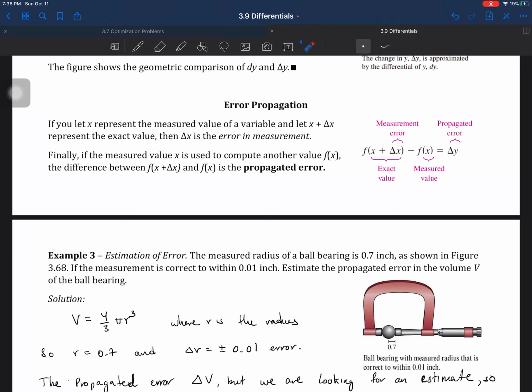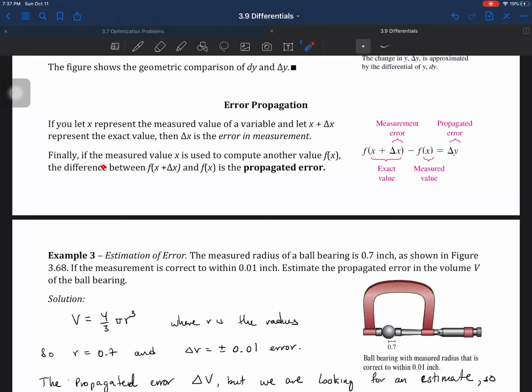So let x represent the measured value of a variable, and let x plus delta x represent the exact value. So the measured versus the exact value, then delta x is the error in measurement. If you measure x but the actual number is this, you are off by this much; that is your error.